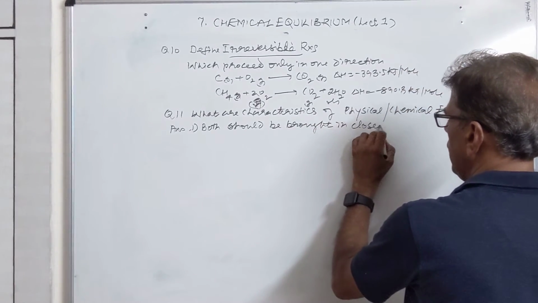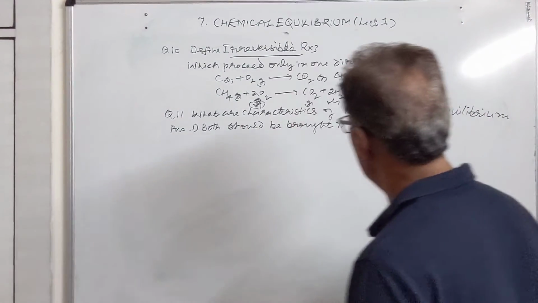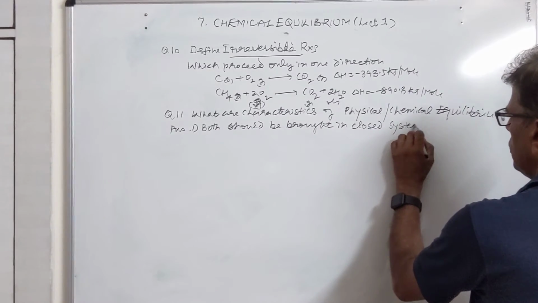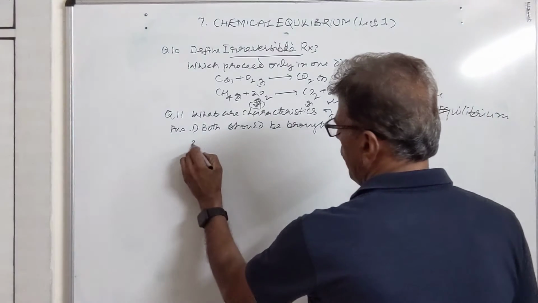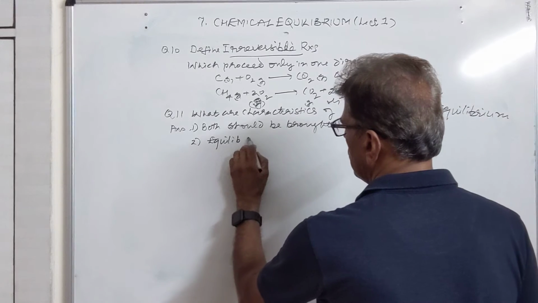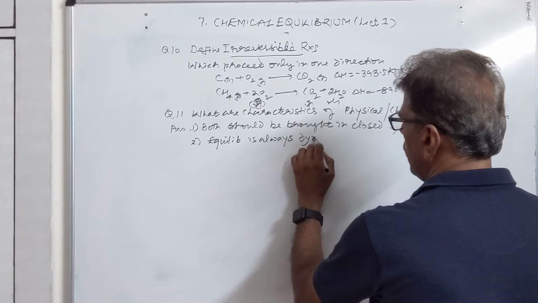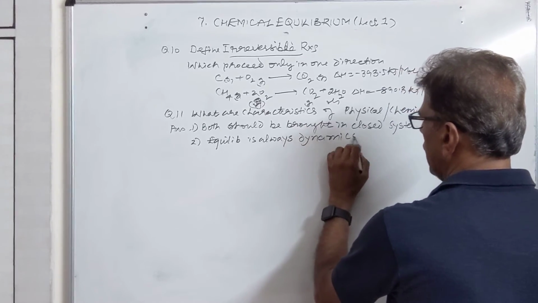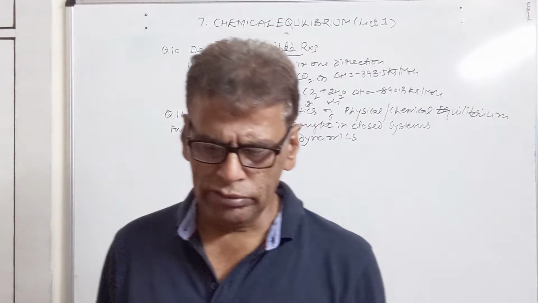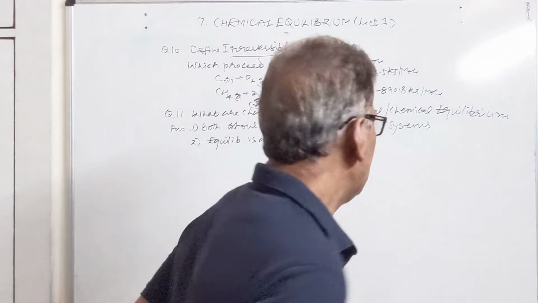If the system is open, then one of the reactants or products, or all the reactants or products, will escape from the system. Then equilibrium cannot be obtained at all. Secondly, equilibrium is always dynamic. Two reactions take place, forward as well as backward, and their rates are equal. So equilibrium, whether it is physical or chemical, is always dynamic in nature.